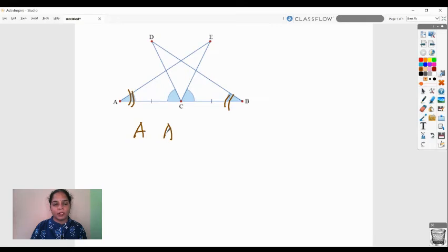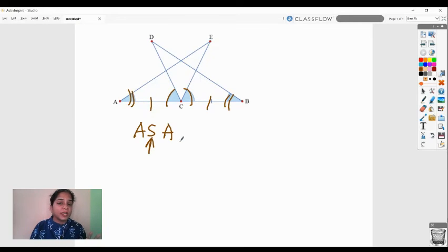And one more side equality is there, right? And that particular side is between those two angles. Of course. See here, this side BC is between these two angles. So clearly it is ASA postulate.